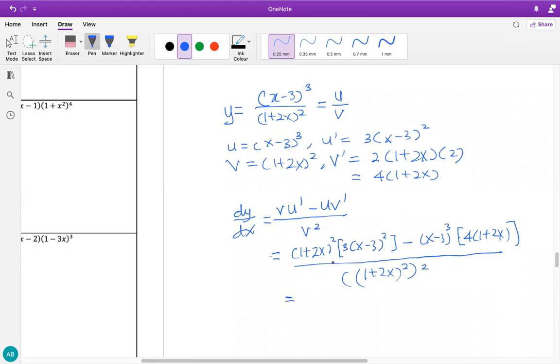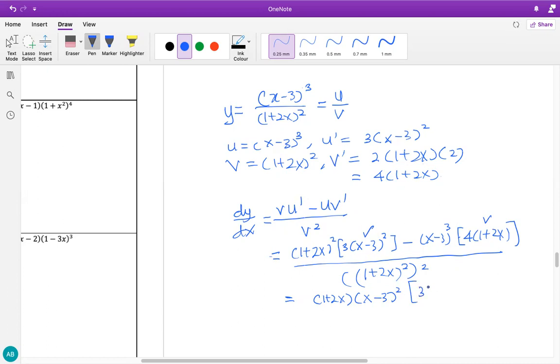So now we want to factorize this part and this. When you factorize, you get 1 plus 2x out, and x minus 3 squared out. So left 3. Check also any common multiple here.